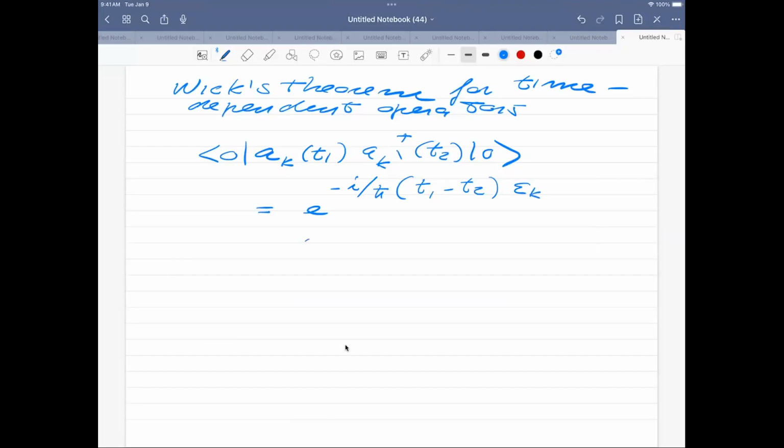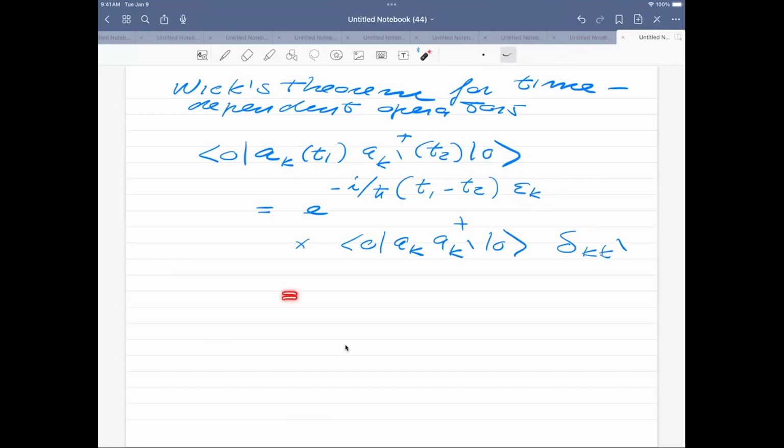And this is multiplied with the vacuum expectation of ak and ak prime dagger, and in principle this is now multiplied with a delta k of k prime. So I just plugged in the energy when k is equal to k prime here. So it could be tempting to actually set it up like this.